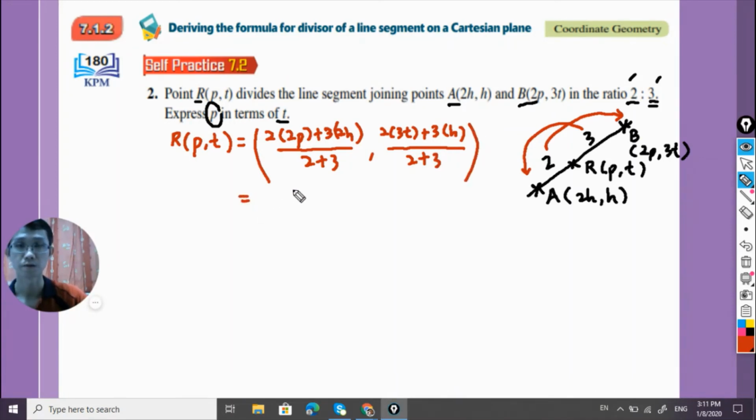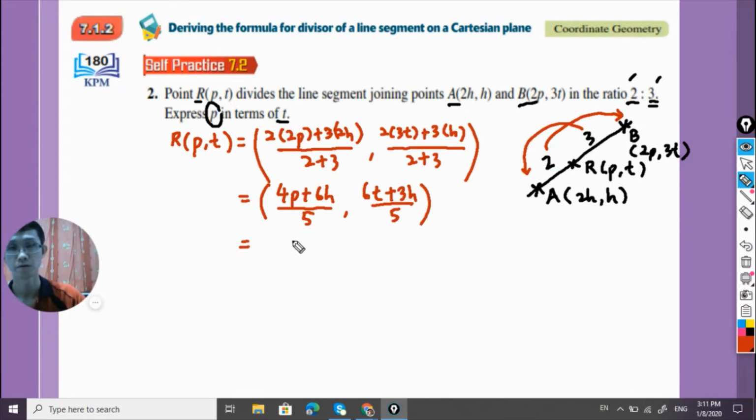Simplifying, you get 4p plus 6h over 5, and 6p plus 3h over 5.